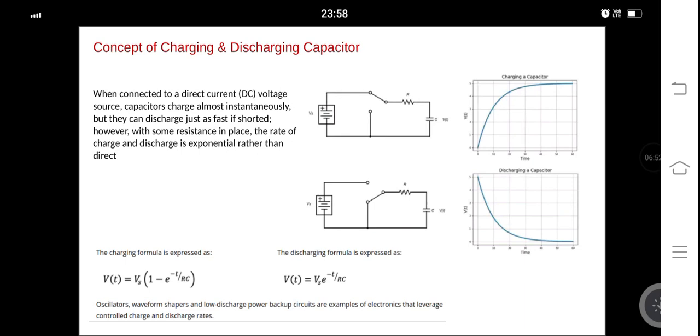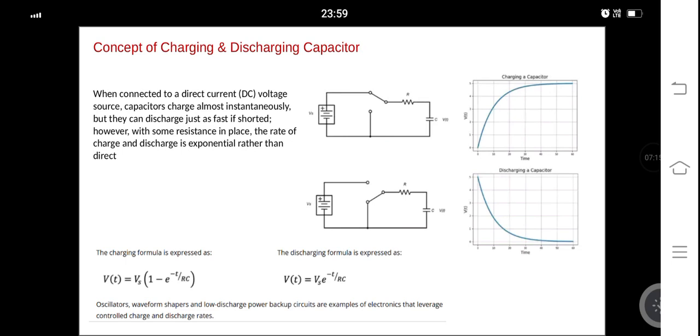Now the concept of charging and discharging a capacitor. When connected to a direct current voltage source, the capacitor charges almost instantaneously, and it can discharge just as fast if shorted.